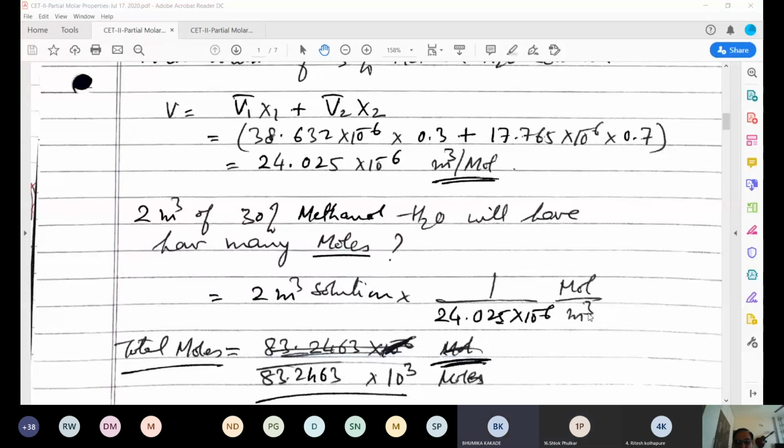This is done, right? Now if you have these many moles of methanol plus water in a 30% methanol water solution, then how many moles of methanol will be in it? 0.3 into 83, right? 83 point something, whatever the answer is, to find out how many moles of methanol will be in the solution. Similarly, find out how many moles of water will be in the solution.